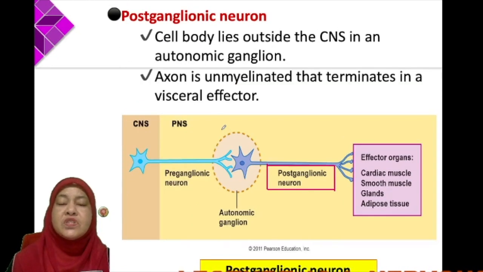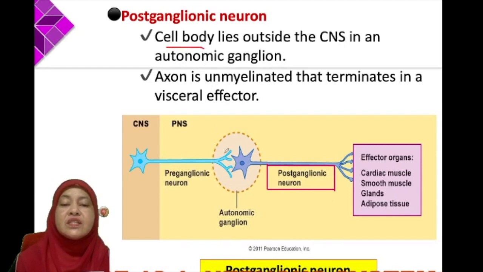Post refers to the cell body of the neuron which lies outside the CNS. As you can see here, this is the cell body which lies outside of the CNS, in the autonomic ganglion, enclosed by the membrane.